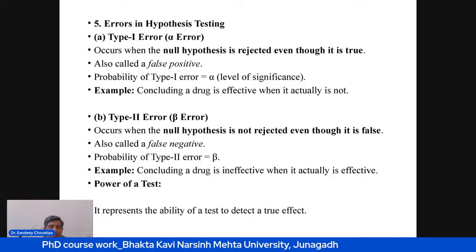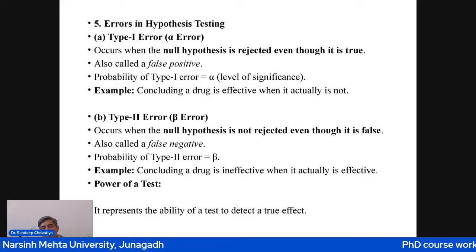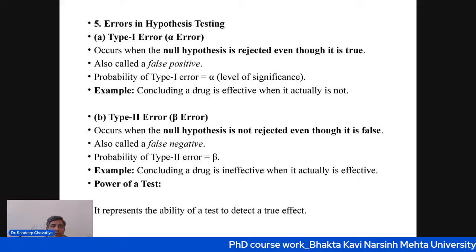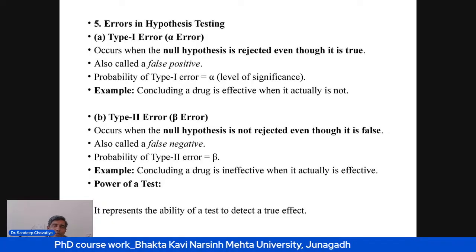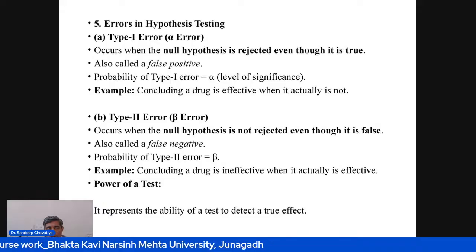Power of test represents the ability of the test to detect the true effect. So specifically, type 1 and type 2 errors play an important role whenever we are discussing the testing of hypothesis.